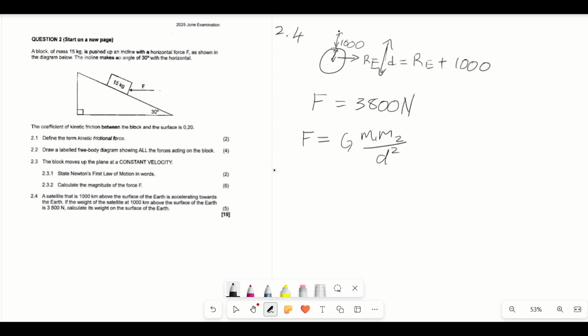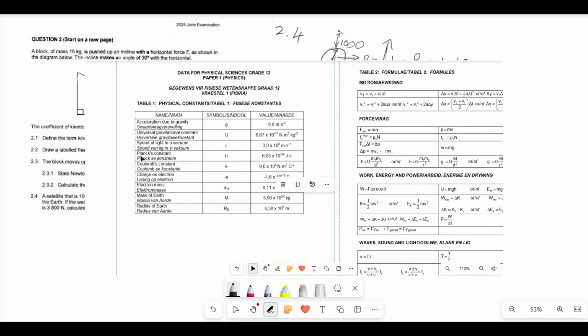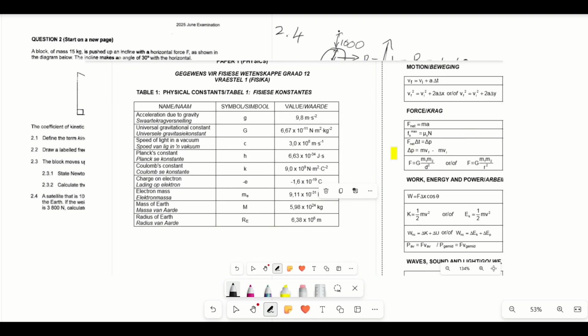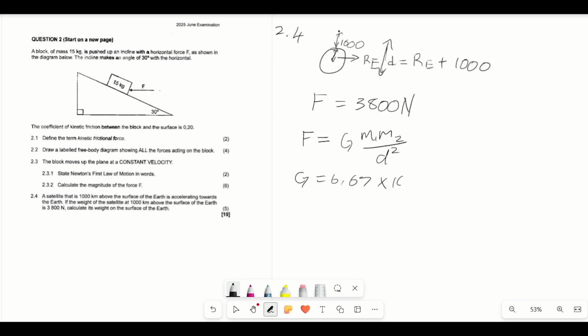So if we look at our variables that is given to us with our exam paper, we'll see that G is equal to 6,67 times 10 to the minus 11 meters squared per kilogram squared.